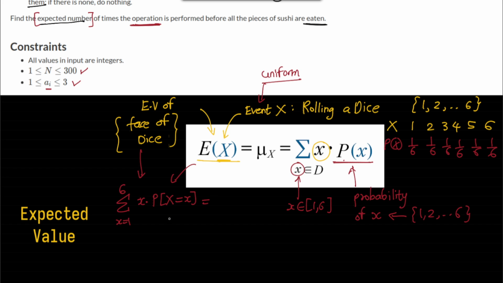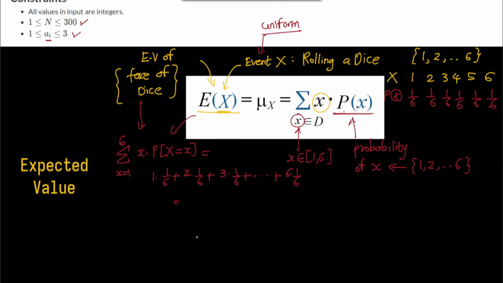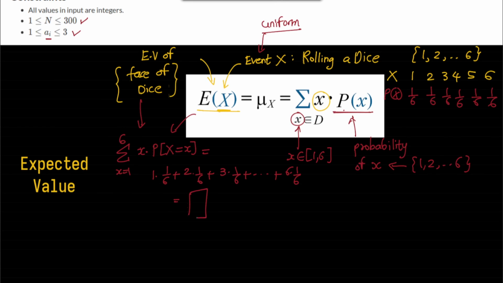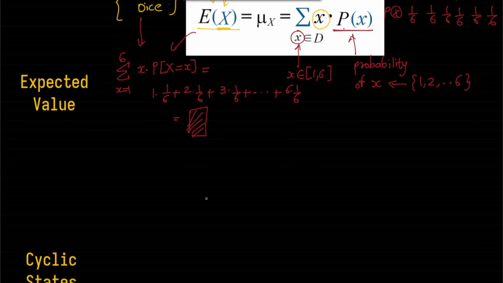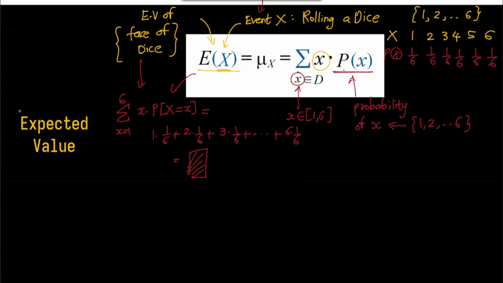This turns out to be the formula 1 times 1 by 6 plus 2 times 1 by 6, 3 times 1 by 6, and so on until 6 times 1 by 6. And after evaluating this, you will find out the expected value of this particular event. This is the main idea or formula for finding out the expected value of any variable.